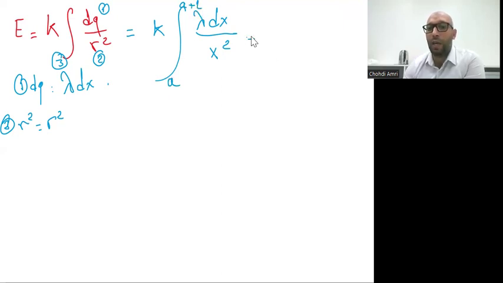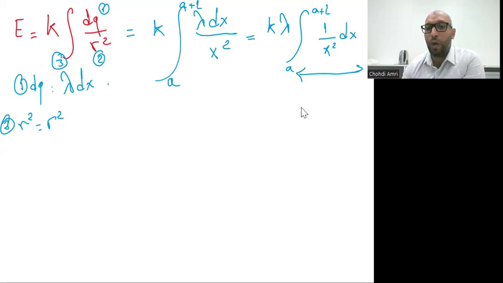And we are almost done. Lambda is constant, so we can write K lambda times the integral from A to A plus L of 1 over x squared dx.